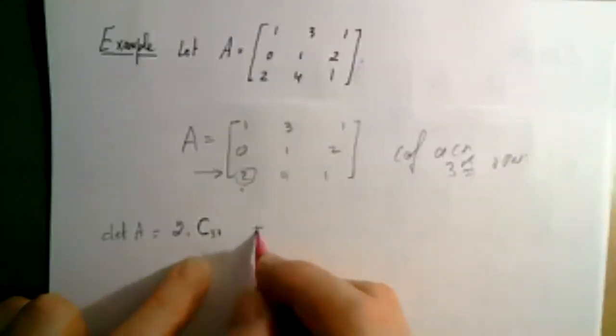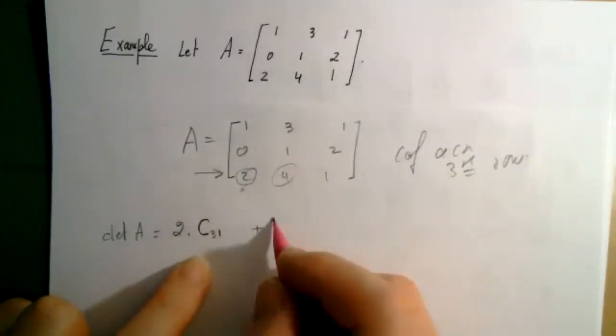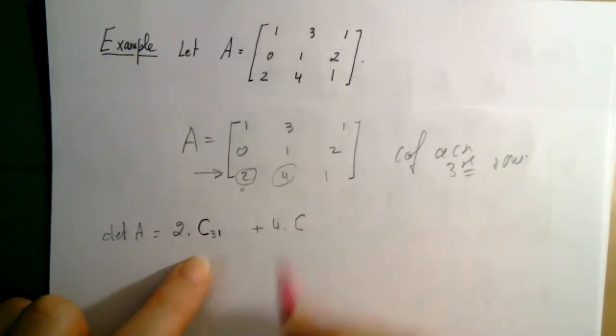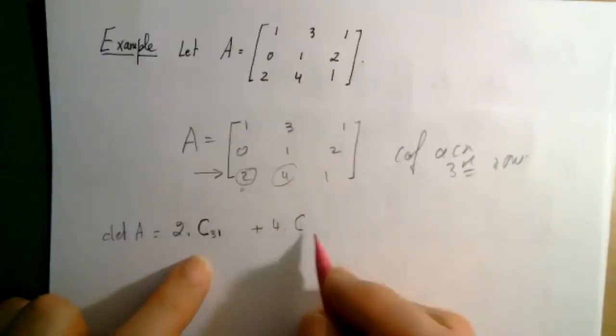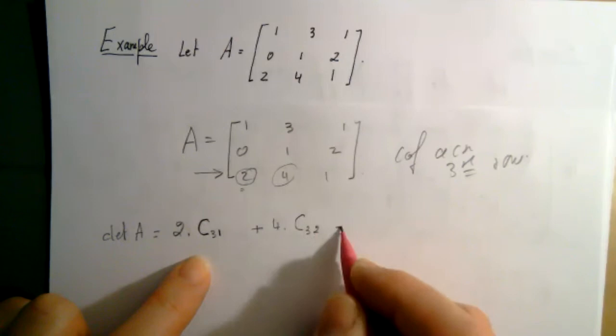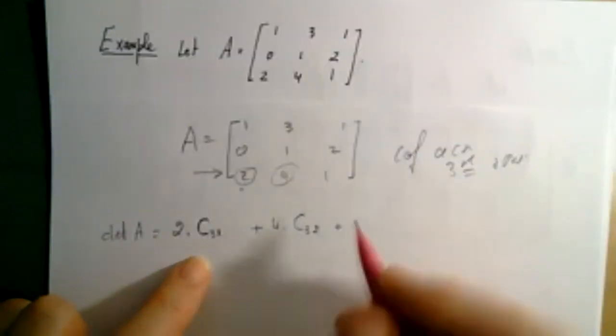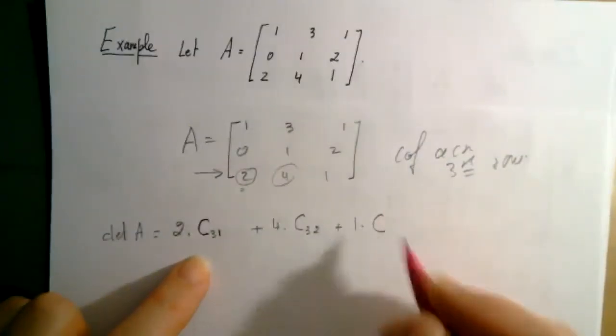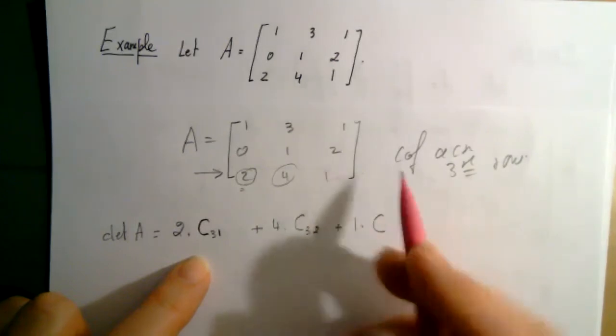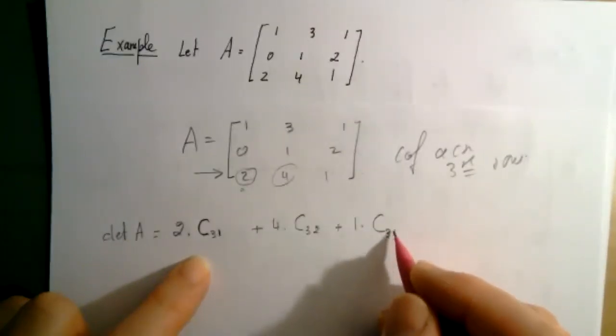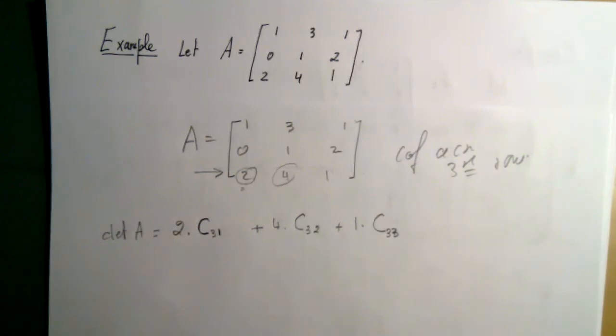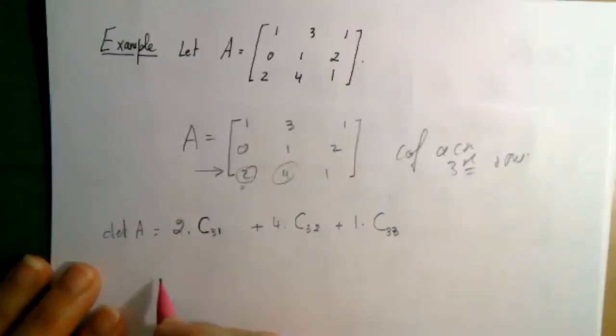It's going to be that, plus 4 times the cofactor of that term, third row, second column, plus 1 times the cofactor of this, third row and third column. That's what it tells me. Now, this is equal to what?